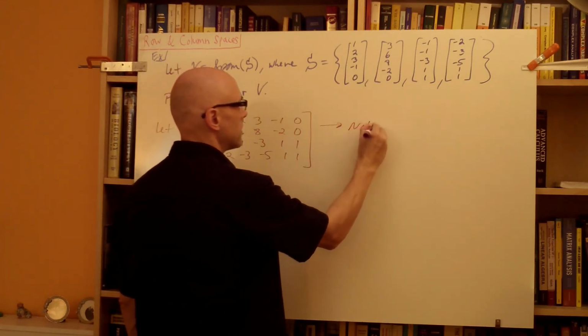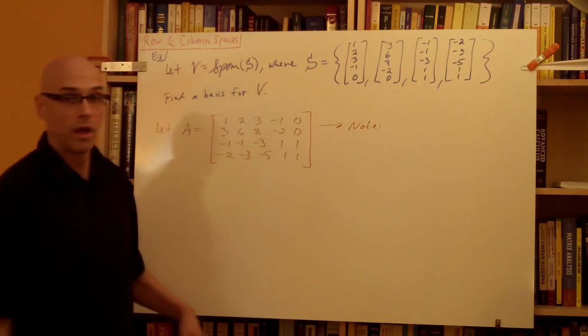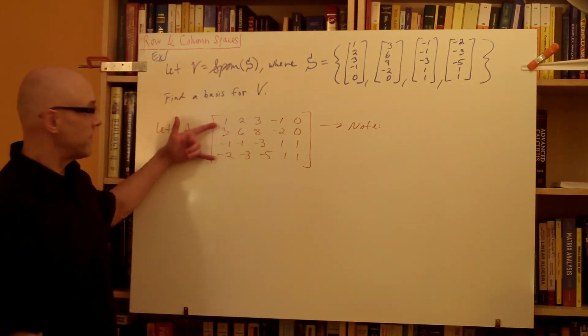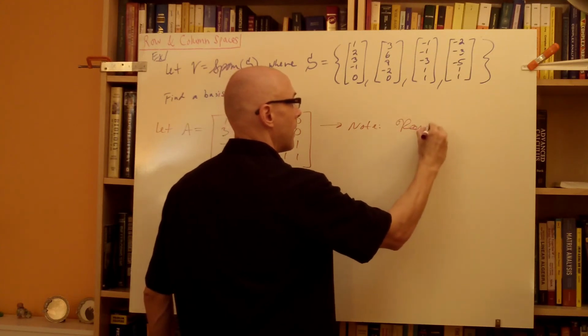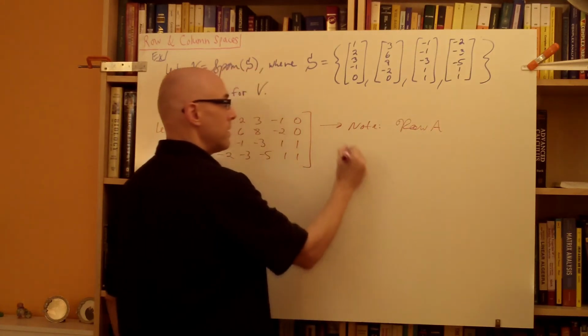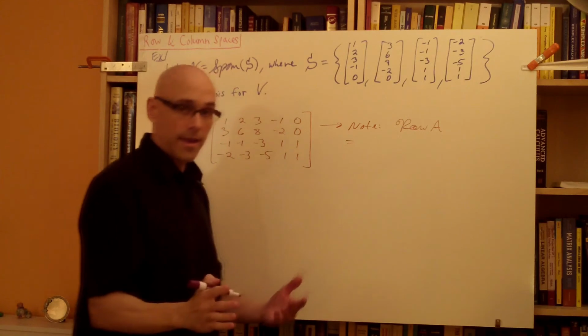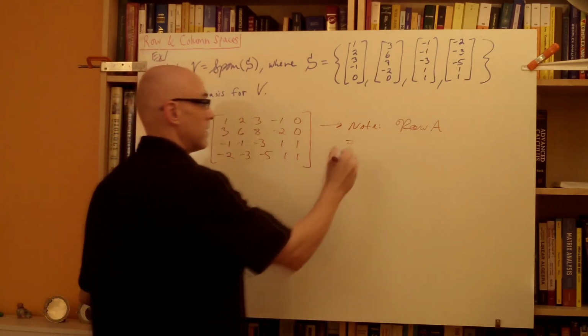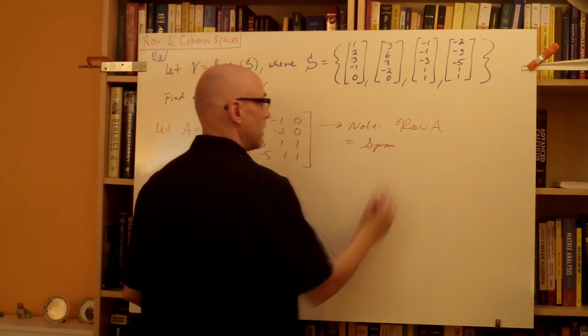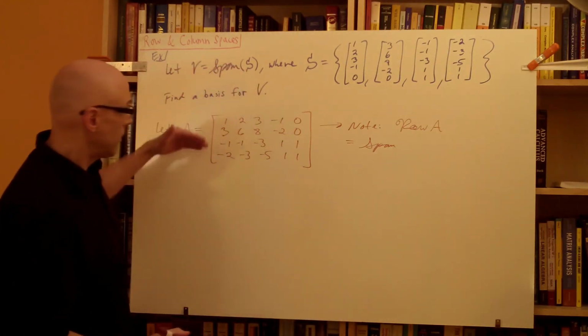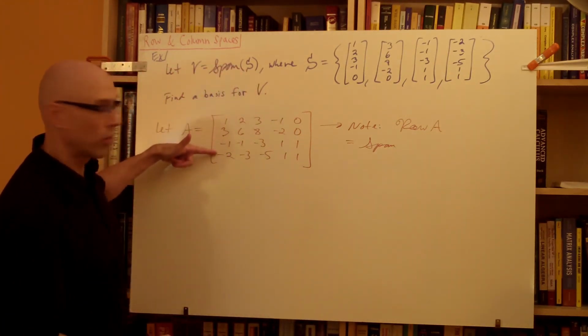So we note that the row space of A is the span of the transposes of these four rows.